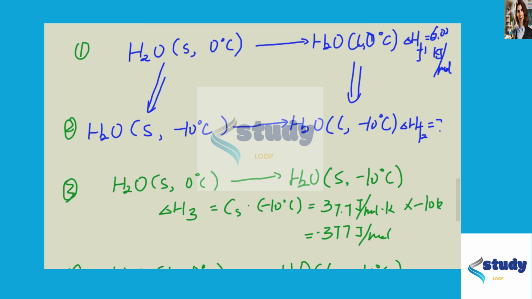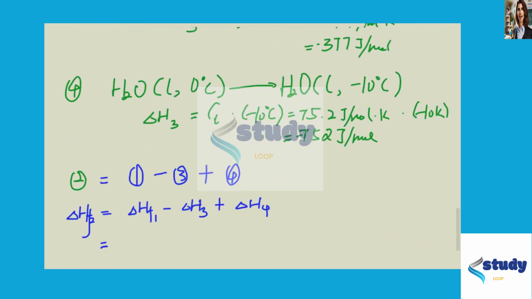So delta H_f1 is 6 kilojoule per mole, so 6,000 joule, minus delta H3, minus (-377), plus (-752). And we can do the calculation now.